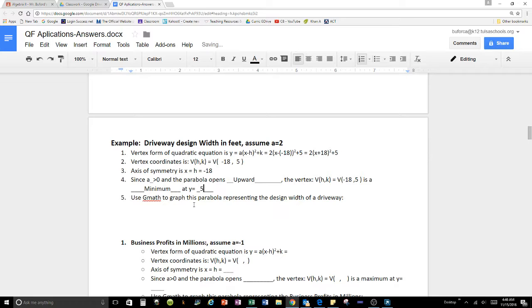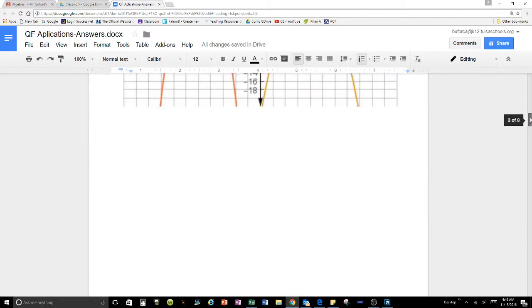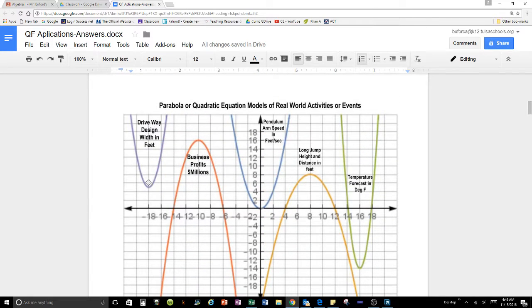And remember, it's a minimum because the parabola opens upward, and the vertex is the lowest point of the parabola, so it's a minimum. This next one that we're about to do, the parabola is at the top. The vertex is at the top of the parabola, so it's a maximum. Here the vertex is at the bottom of the parabola, so it's a minimum. Okay, easy as smeezy.